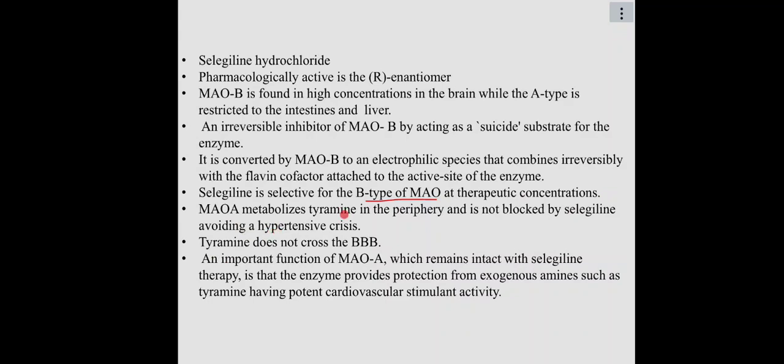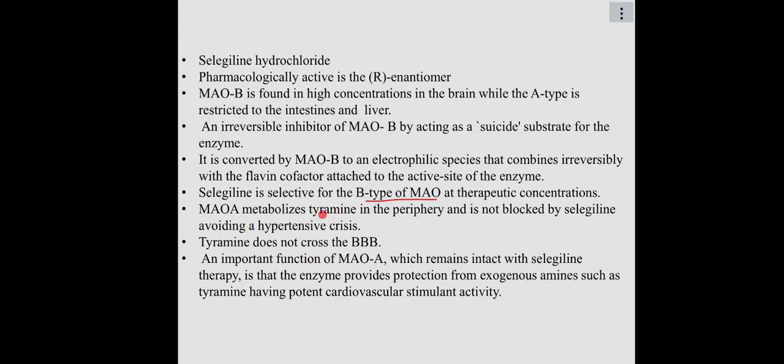The monoamine oxidase metabolizes tyramine in the periphery, and it is not blocked by selegiline, avoiding what we call hypertensive crisis. Tyramine has structural similarity to adrenaline and noradrenaline, and therefore it can have an influence on the heart, the contractility and power of the contractions of the heart, and bring about hypertensive crisis.